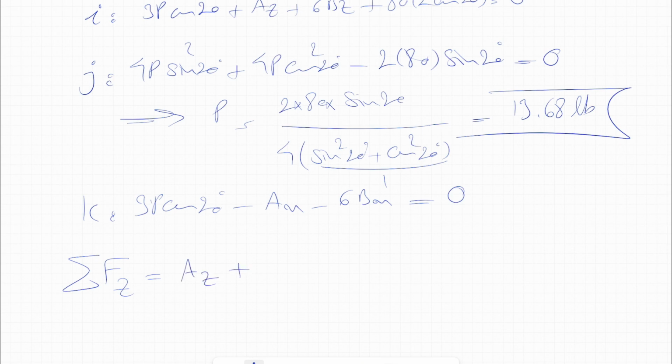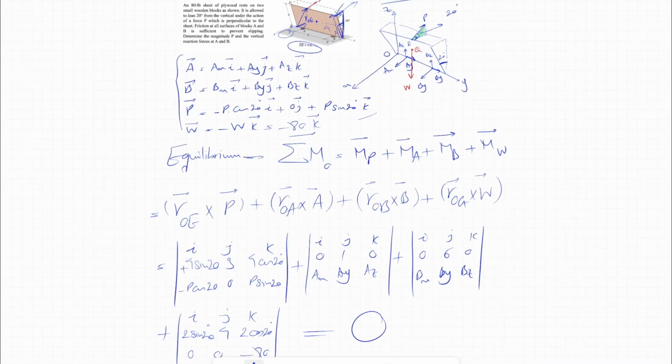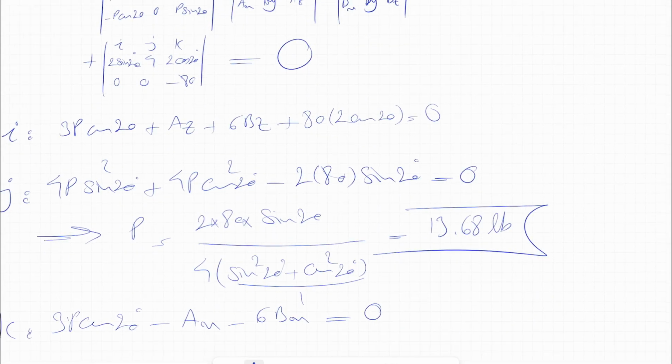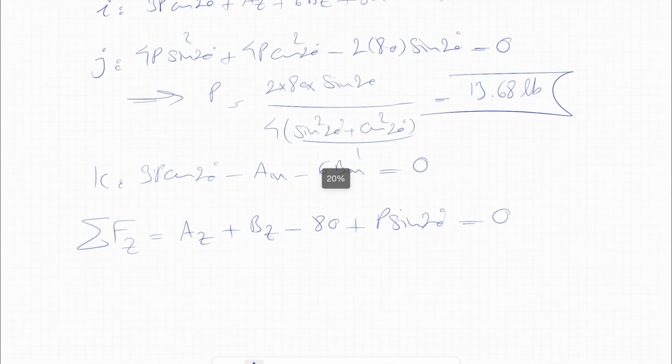I'm going to start with Fz since we are looking for these two components, and for Z we have AZ, we have BZ, we have the weight, which we know is 80, and we also have the Z component of the P, which, if we look at here, will be P sine of 20, equals 0.